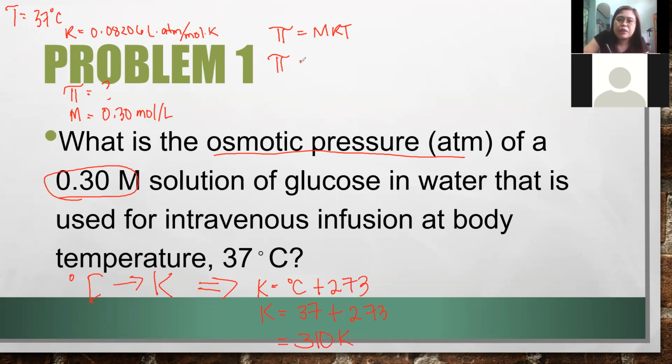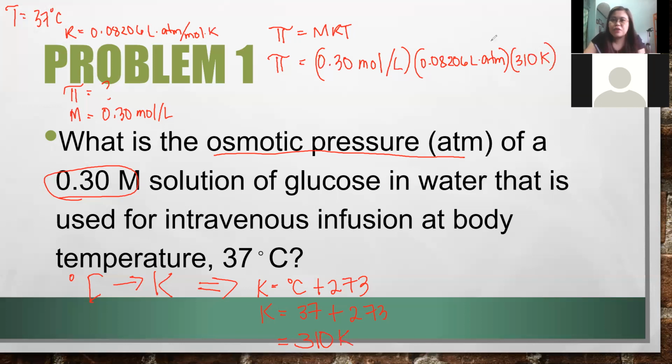We can now proceed with the computation of the osmotic pressure. We have the M, 0.30. Remember, gamitin natin yung moles per liter so that we can cancel the unit easily. And then our gas constant is 0.08206 liter ATM per mole K. And then the temperature now, we have converted it to Kelvin, so 310 Kelvin. So diretso lang ni siya, class. I-multiply lang natin sila lahat. Or we can cancel, sorry.